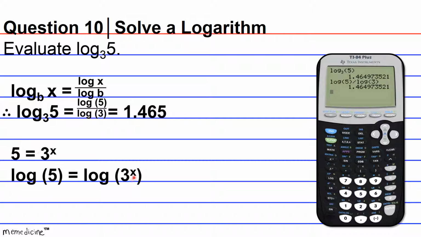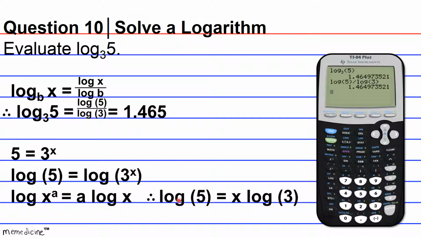And according to the power rule of logarithms, if you take the log of a base raised to an exponent, that's going to be equivalent to the numerical value of the exponent times the common log of the base. So therefore, the log of 5 is equivalent to x times the log of 3 because we applied the power rule of logarithms to the right-hand side of the equation.